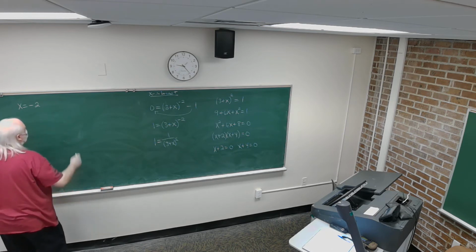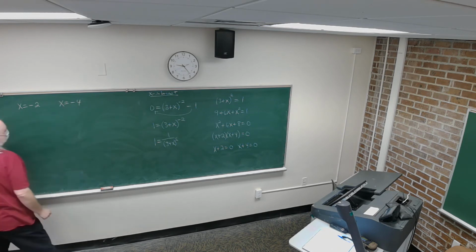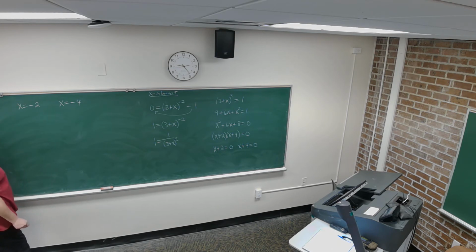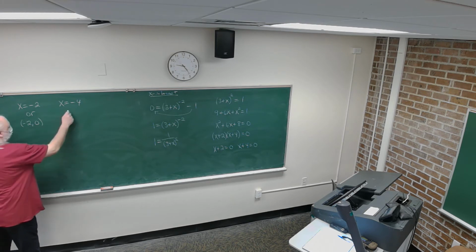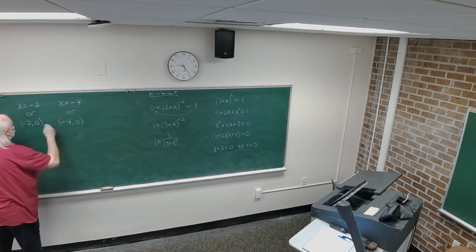Solving the second equation, we get x is equal to minus 4. So those are the locations of the x-intercepts on the x-axis. X equals minus 2 is the point minus 2, 0 on the x-axis. And x equals minus 4 is the point minus 4, 0.